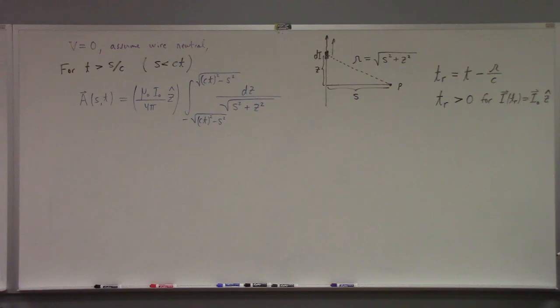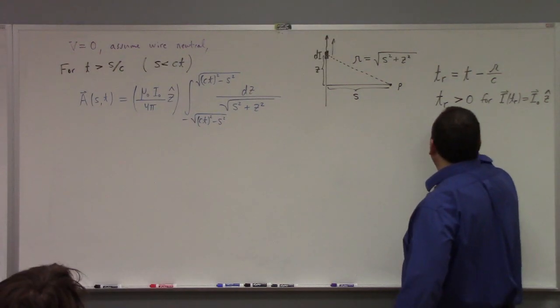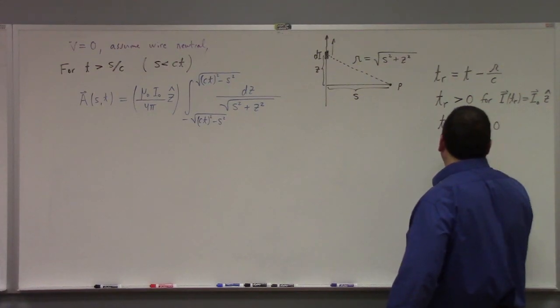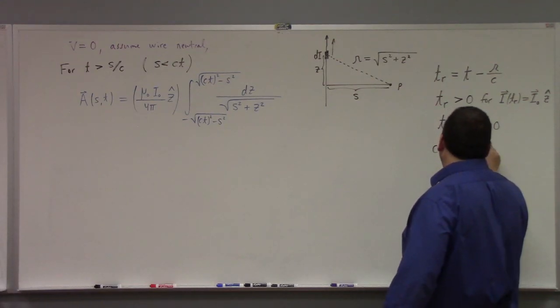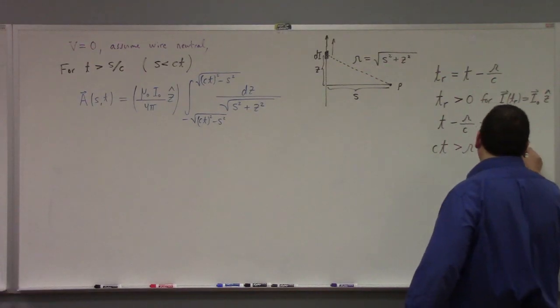So you see that in order to have that condition, we need t minus script r over c to be greater than 0, which is to say that ct is greater than script r, which is equal to the square root of s squared plus z squared.